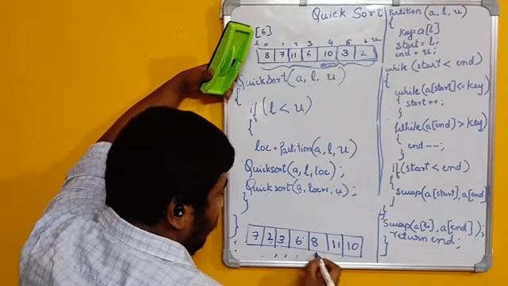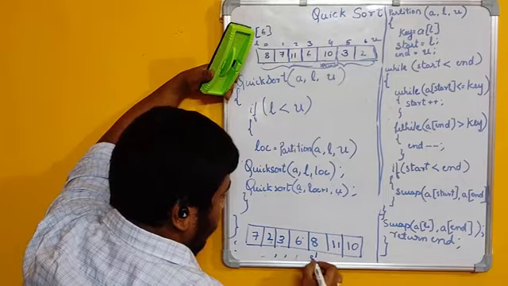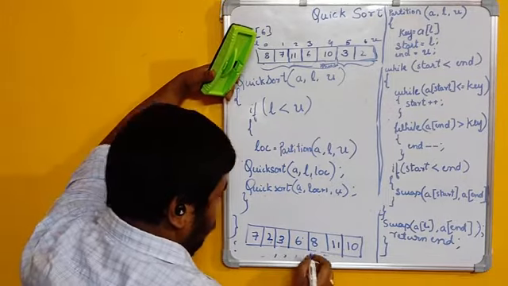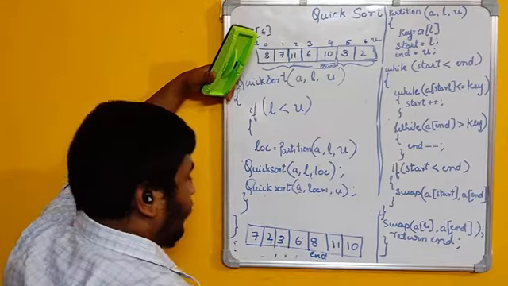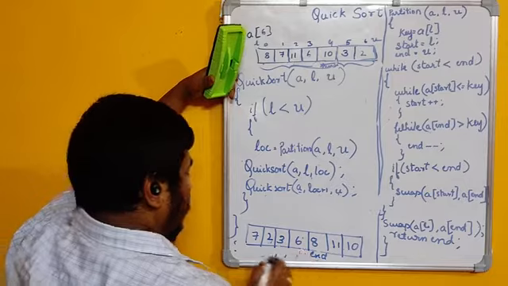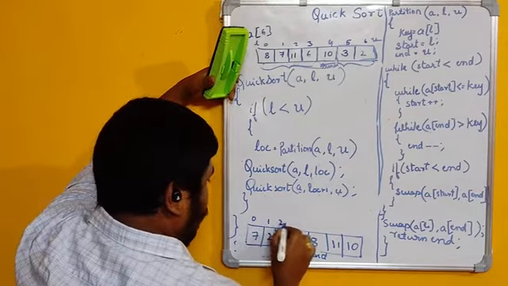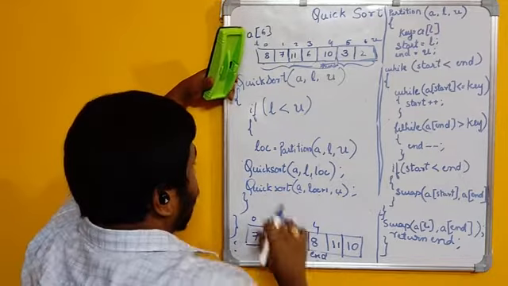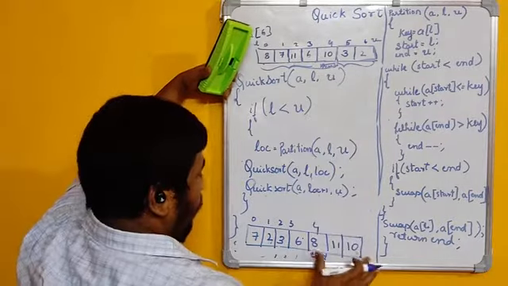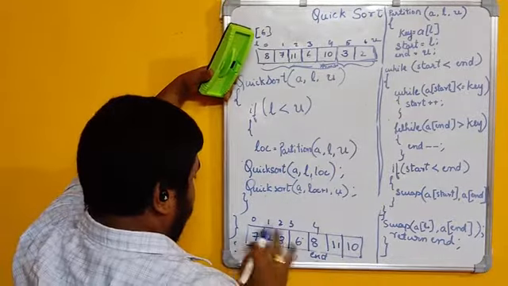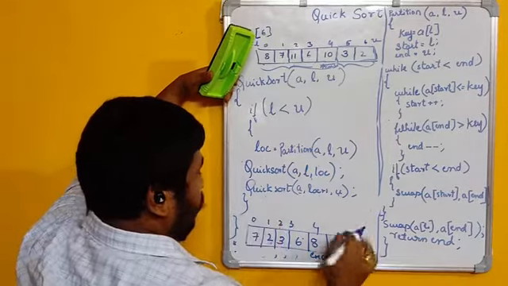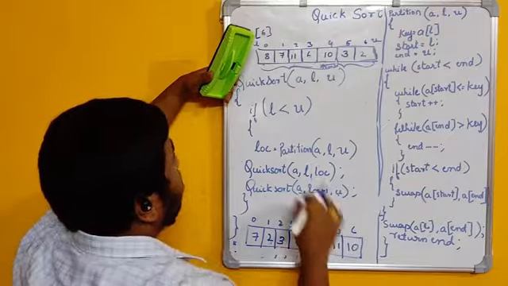See, this was our end. Indices 0 1 2 3 4. So quick sort is first called on the full array. A is our array, L to U, lower bound 0 to upper bound 6.